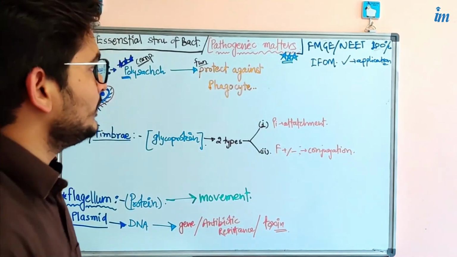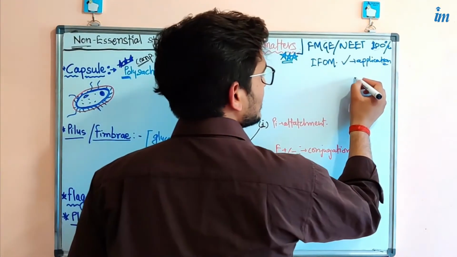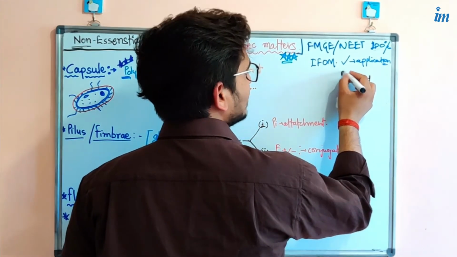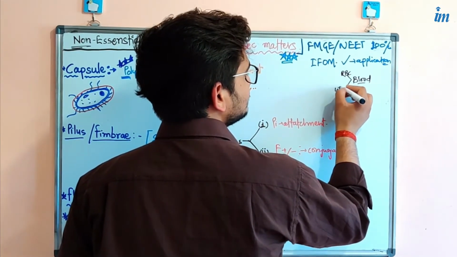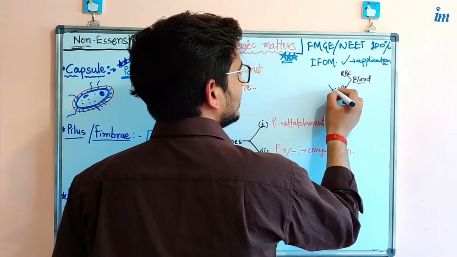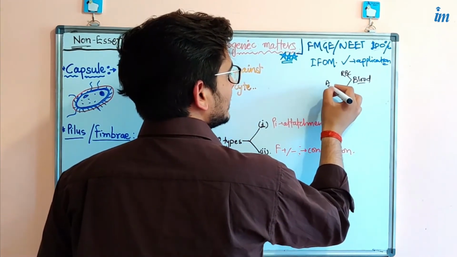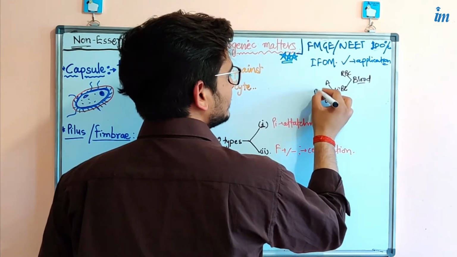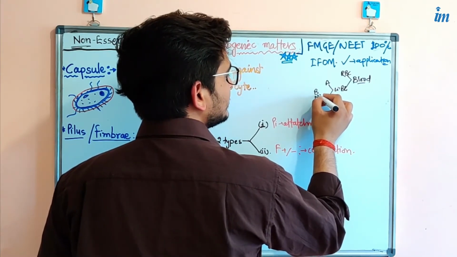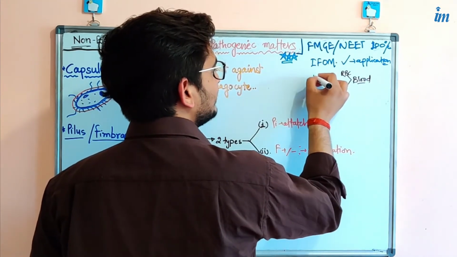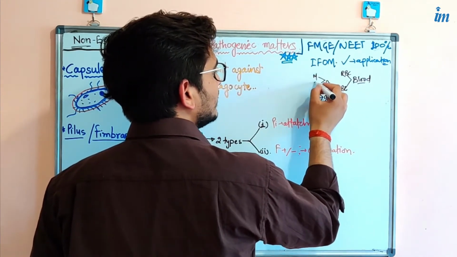In blood there are RBCs and WBCs. WBCs are divided into granular and agranular. Granular have basophils, eosinophils and neutrophils, and agranulars have the monocytes and lymphocytes.